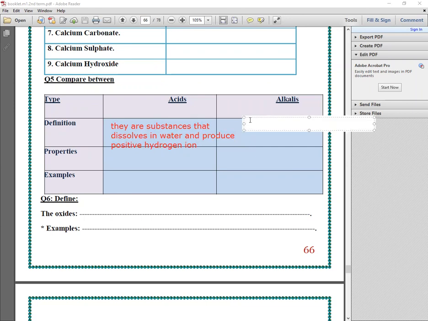What does it mean by alkalis or bases? They are substances that dissolve in the water but produce negative hydroxide ions.